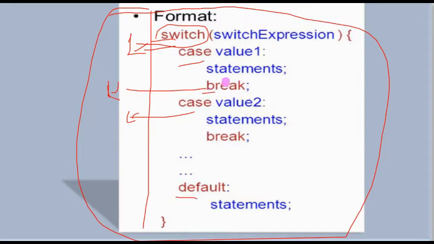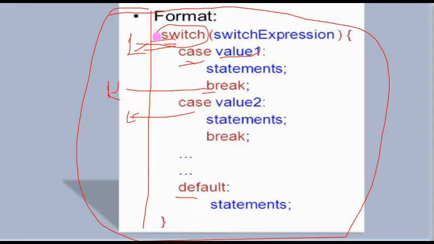But the switch expression, the constant value, as well as the statements may differ from one programmer to another, depending on the type of instruction as well as the type of data manipulation or expression. But switch, case, break, and default are keywords that the compiler already knows. For instance, let me tell you how it works.